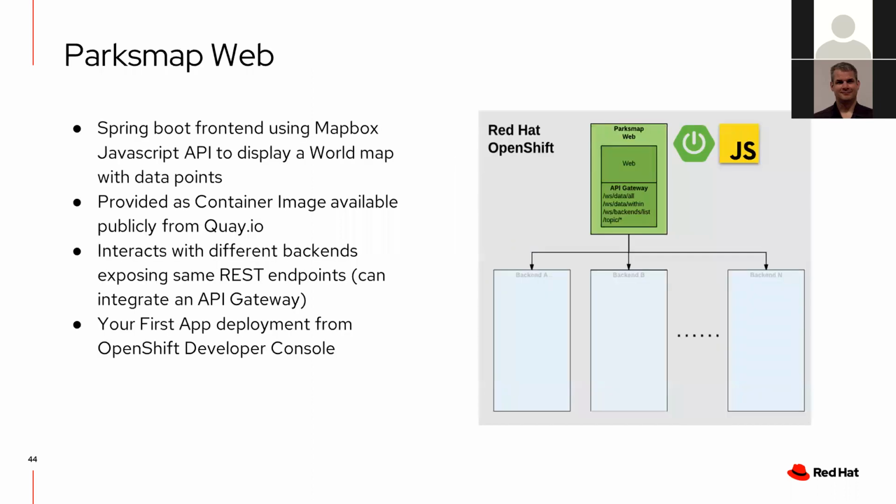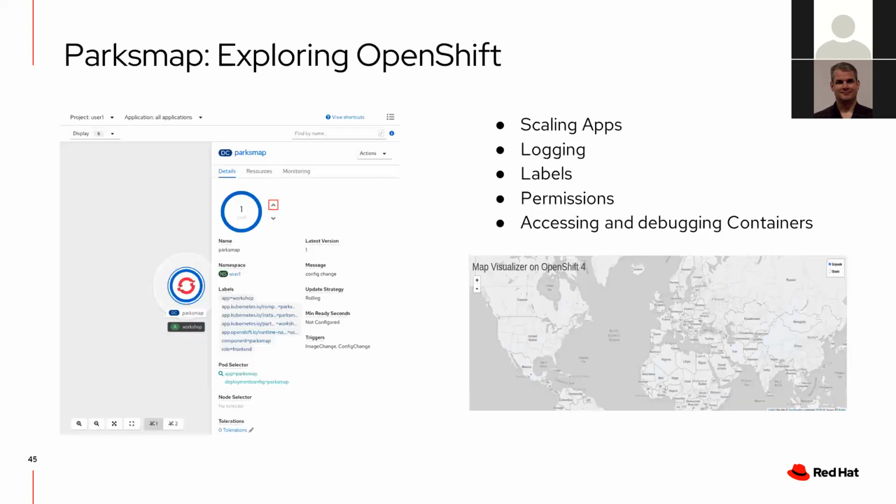Each one of them is running independently of each other. And so I won't spend too much time reading off the slide, but this is a Spring Boot front end using some JavaScript, and it has a world map with some data points, and then we have a Kubernetes Java client to list objects and to react to events such as new backend adding.